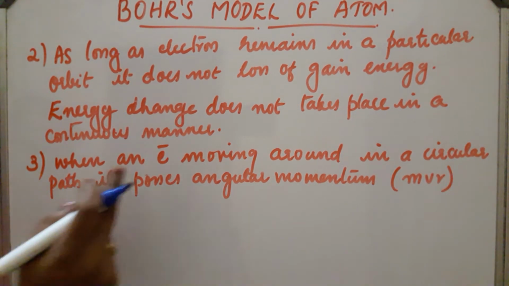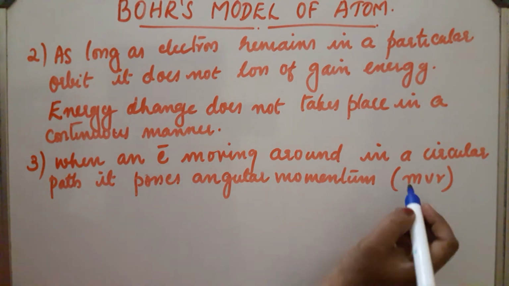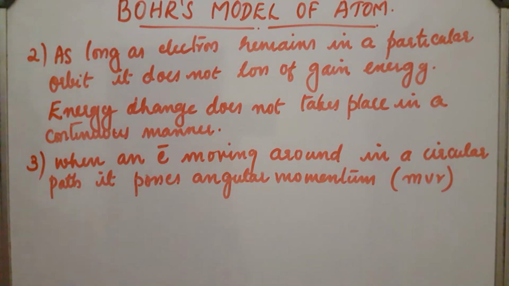M is the mass of the electron, v is the velocity of the electron, and r is the radius of the orbit.